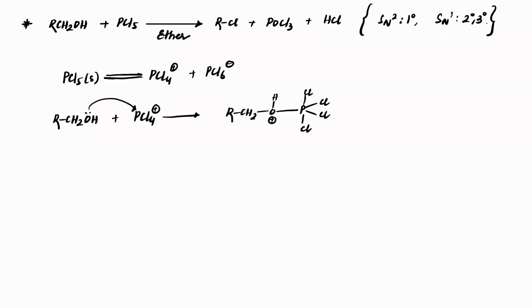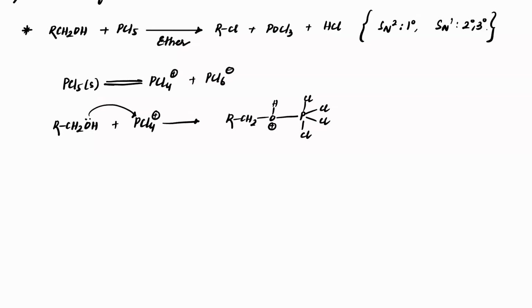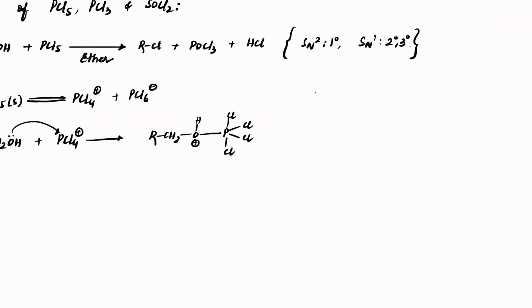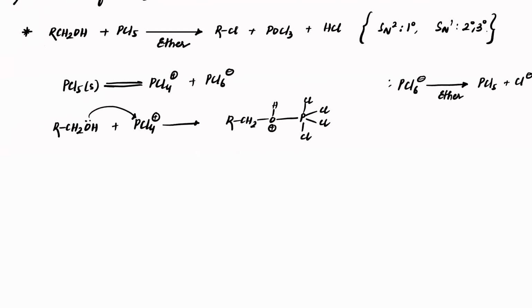And what you would notice here is that PCl6 on the other hand, PCl6 in ether will start releasing this into PCl5 plus Cl minus. This is what happens in ethers. Okay. So there is an available Cl minus in the solution. Got it.